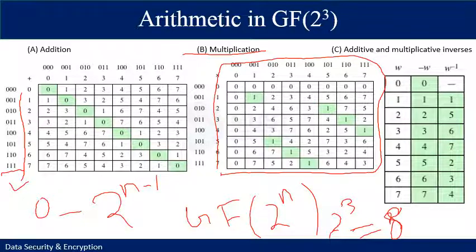This leads to some useful observations. The addition and the multiplication tables are symmetric about the main diagonal, in conformance with the commutative property of addition and multiplication. Also, all the non-zero elements defined in this table have a multiplicative inverse, which was not present in the modulo 8 table defined in the last lecture.